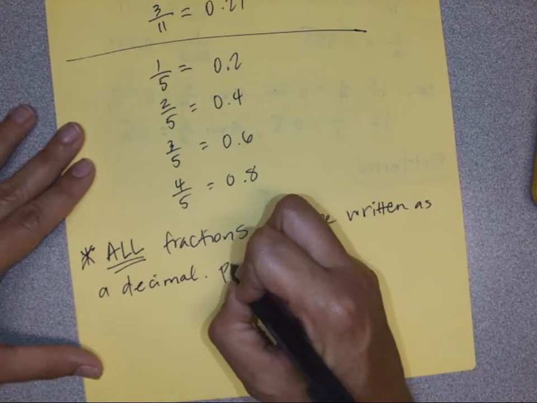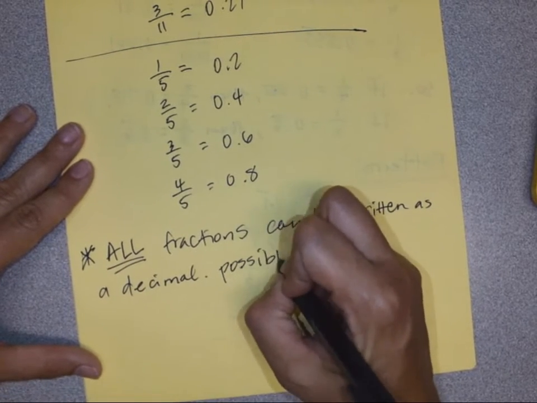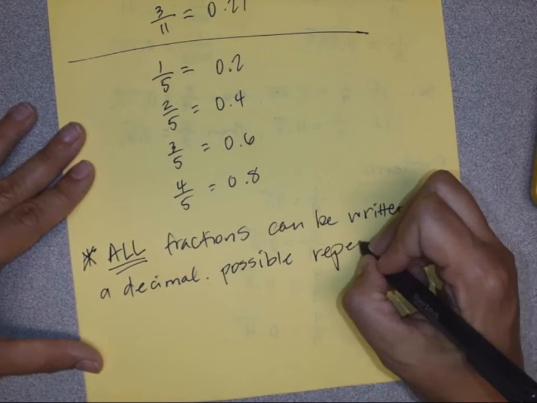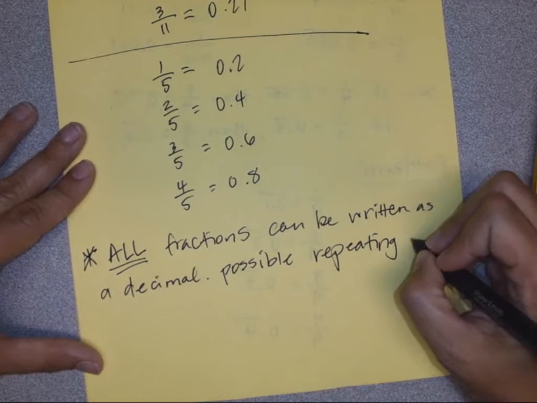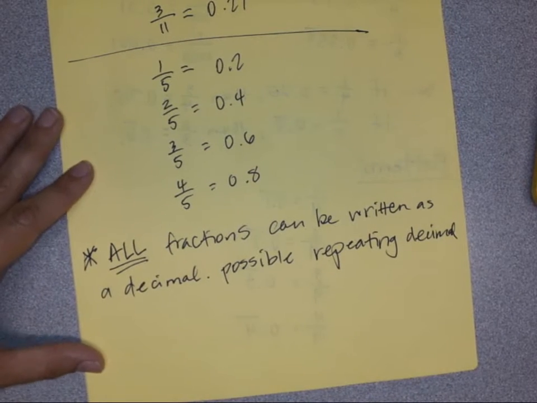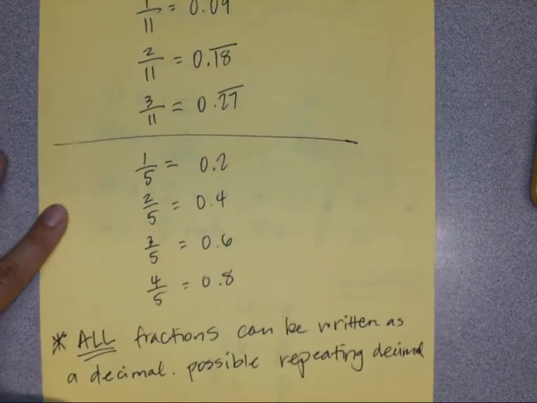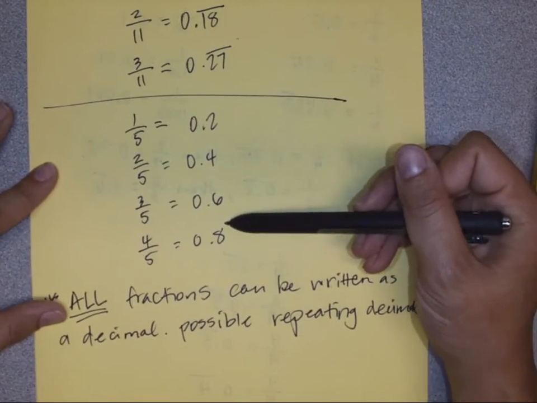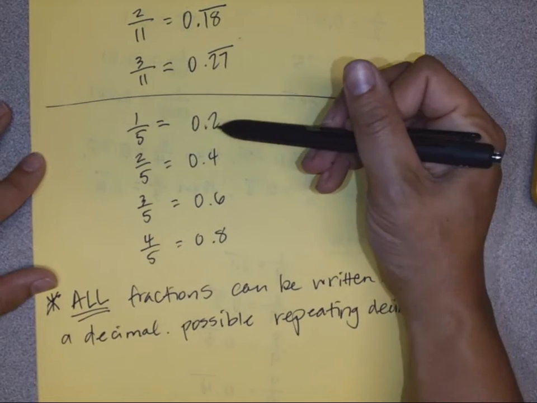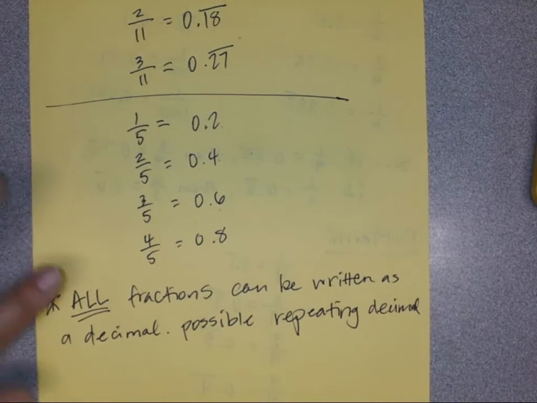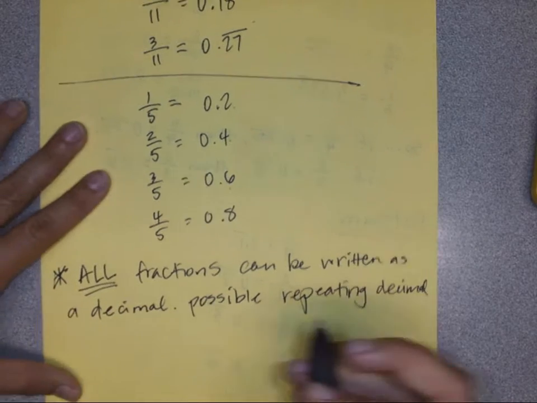So there's a possibility of a repeating decimal. For example, those first three, the 11ths, those were repeating decimals. These fifths were not repeating decimals. They ended. It was just 2/10, 4/10, 6/10, 8/10. So every single fraction can be written as a decimal.